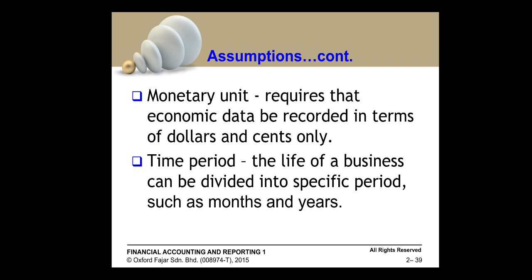So we can calculate profit for 1 month, or for 3 months, or for 6 months, or for 1 year. But most of the time, according to the law and regulation, every business has to close its account and calculate profit and loss at least once a year.